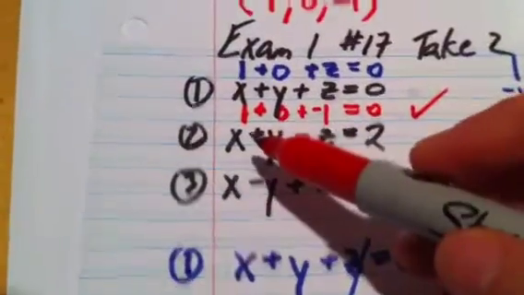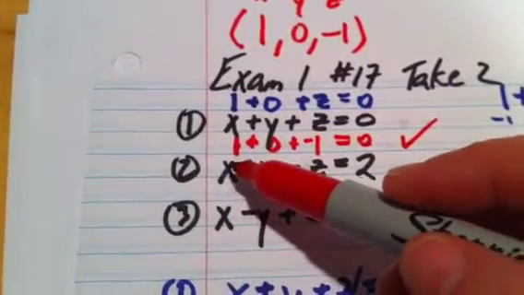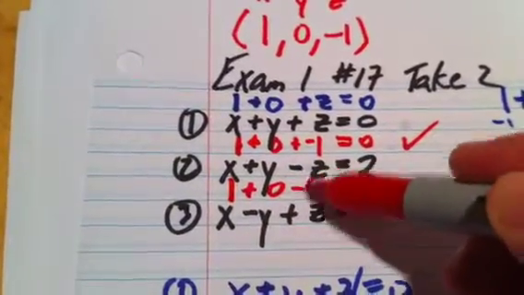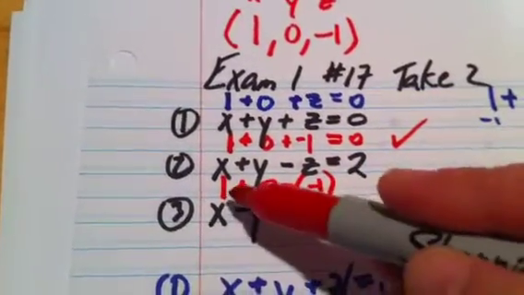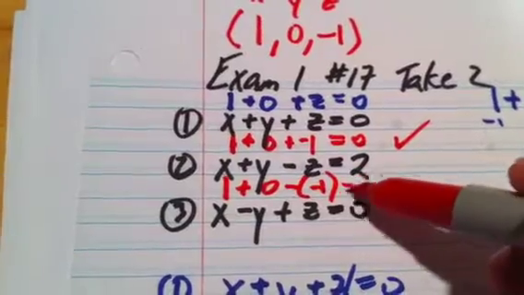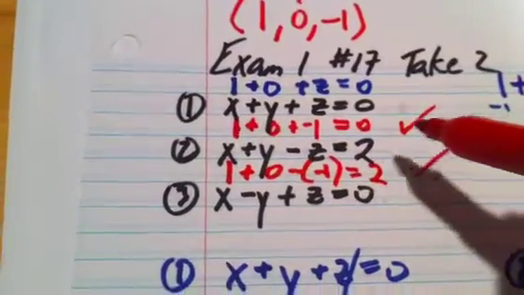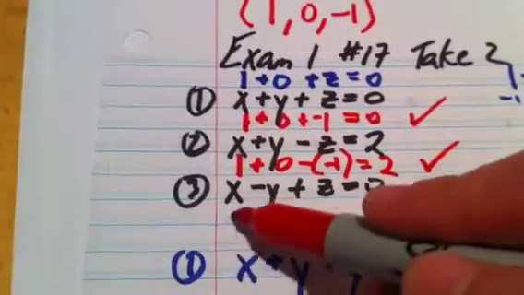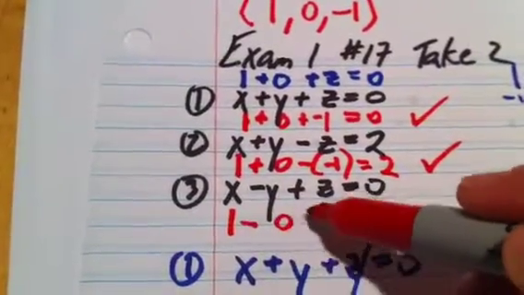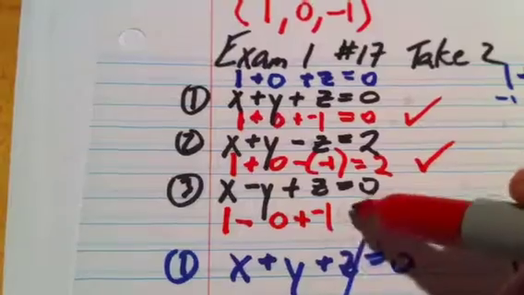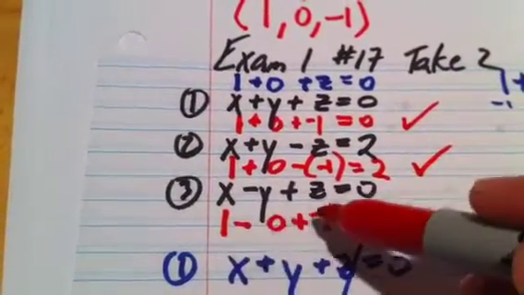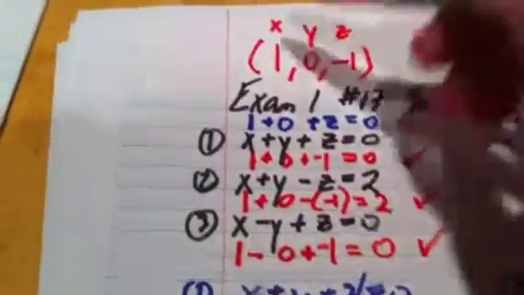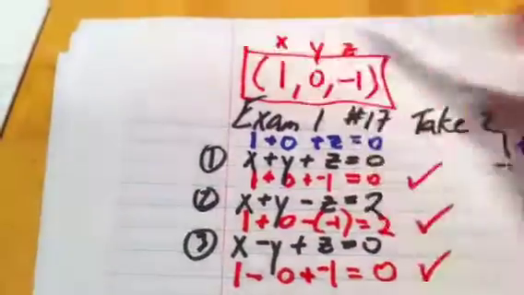That checks out. Plugging them into here, x was 1, y is 0, z is negative 1, so 1 minus negative 1 really does equal 2. That checks out. Plugging them into the last one, x was 1, y was 0, z was negative 1, so 1 minus 1 is 0. That checks out. So there is our ordered triplet.